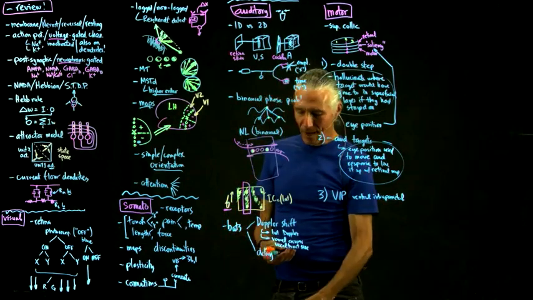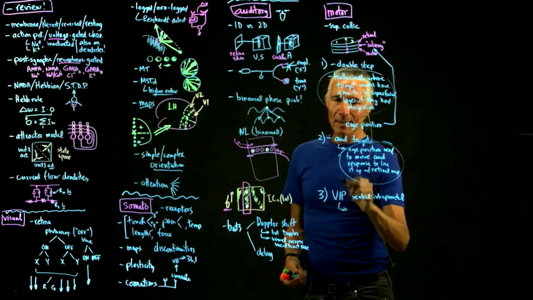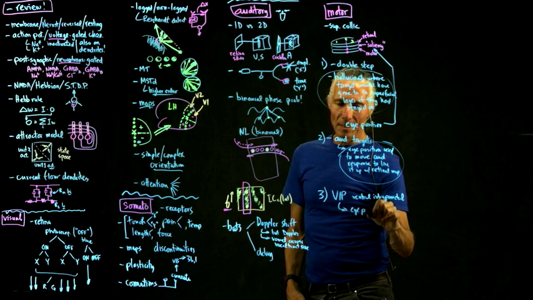And so what happens in VIP is kind of the opposite of what happens in the superior colliculus. The same information, the eye position.